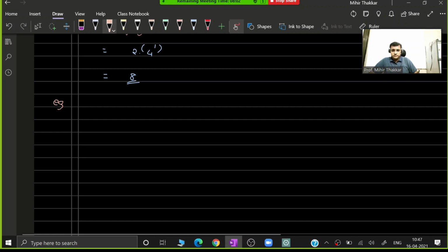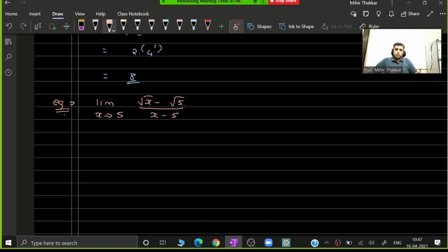Example 2. If you have a question like this, limit as x tends to 5, (root x minus root 5) upon (x minus 5). Still guys, no worries about that.